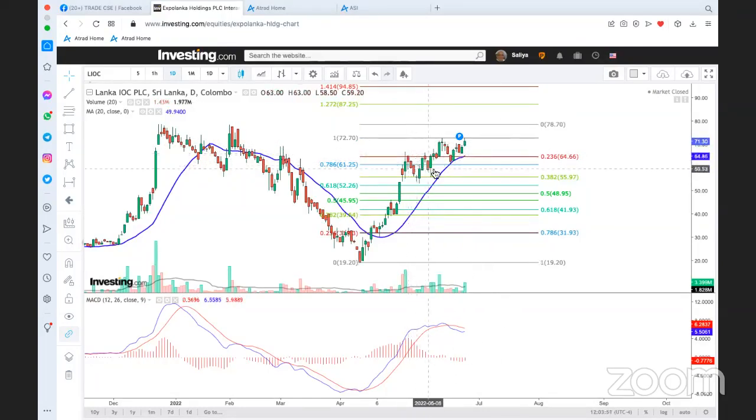Everything depends on whether the same scenario that took place here, where the prices went up without much selling pressure. You look at the volumes, without much selling pressure, right?